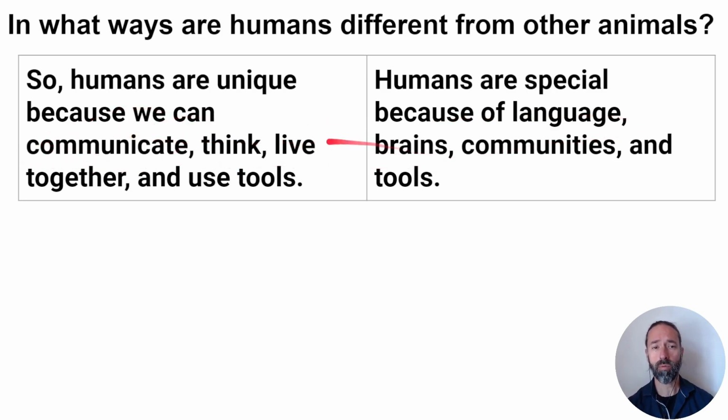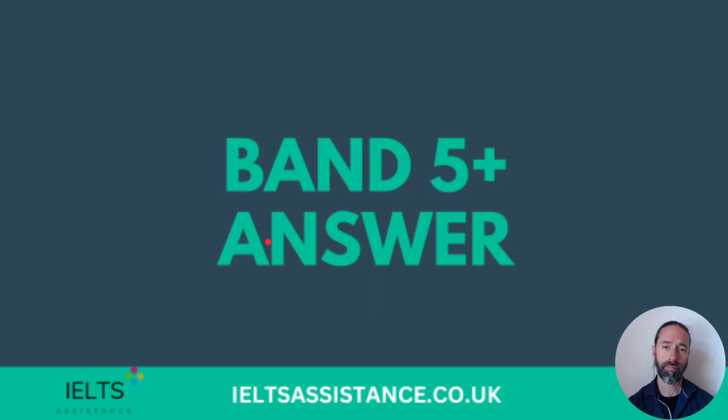Instead of brains, we're using think. And instead of communities, we use live together. Tools, it's difficult to have a different word for this, but here we're using this one. Very similar, except for a linker, and trying to avoid repetition by using some synonyms.